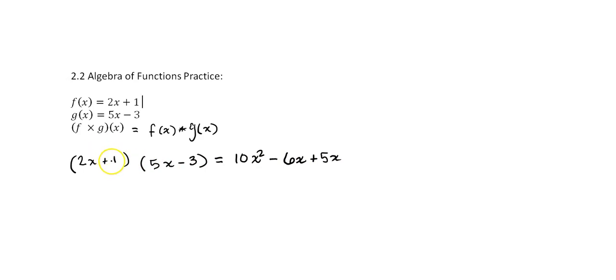And I'm going to have a 1 times a negative 3, so I'm going to have a negative 3 here. So these two pieces I can combine, right? I have like terms here. So at the end of the problem, I'm going to have 10x squared minus x, right? Because I have my negative 6x plus a 5x. So my negative 1x or negative x, and then negative 3.